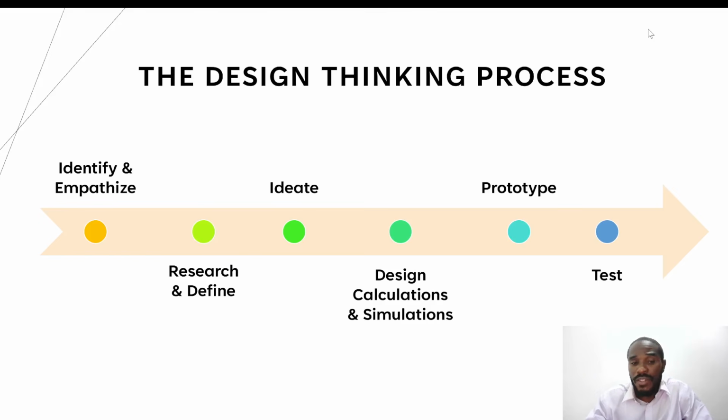After the research and define stage, then you ideate. Ideate or ideation is the stage where you generate ideas. Like the name implies, you ideate. You generate different ideas on how this problem that you've just defined can be solved. Usually there are two major stages in the ideation stage.